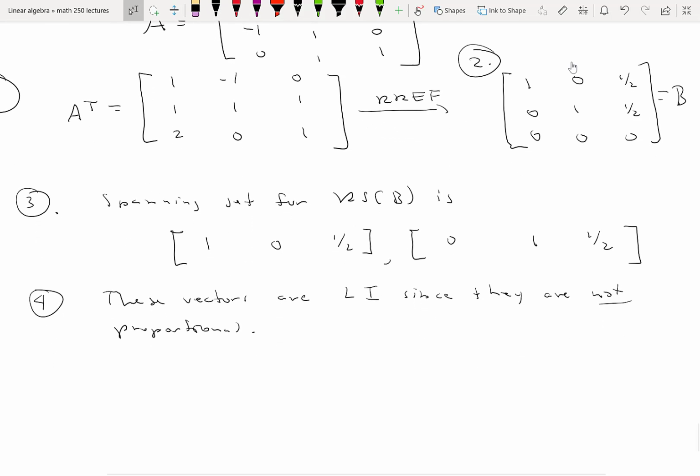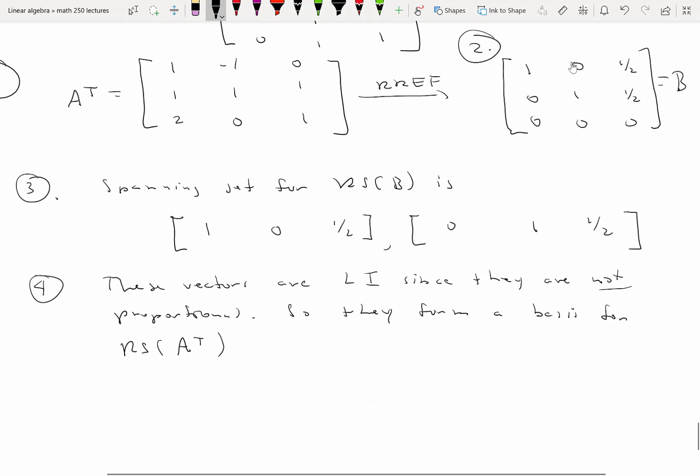Okay, we're almost there. So they form a basis for the row space of A transpose.